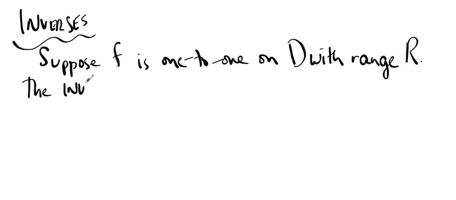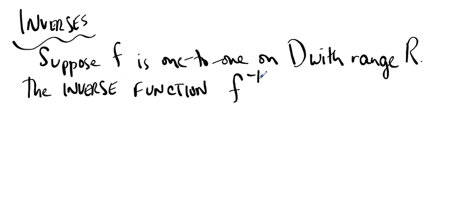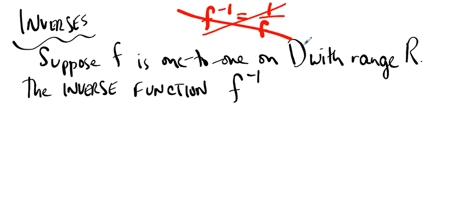The inverse function, we're going to denote with a lowercase f to the -1 power. Now that's different than the -1 you learned in Algebra 2. In Algebra 2, you learned that when you see a -1, that just means you do 1 over the thing. This will not fly in this course.